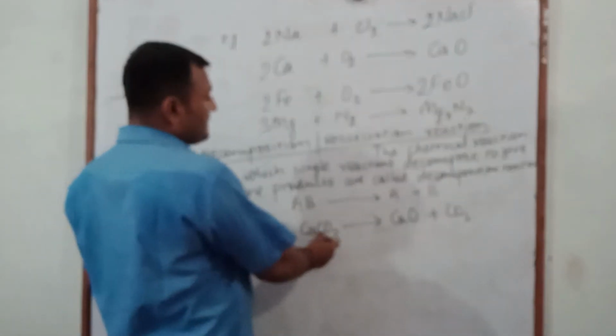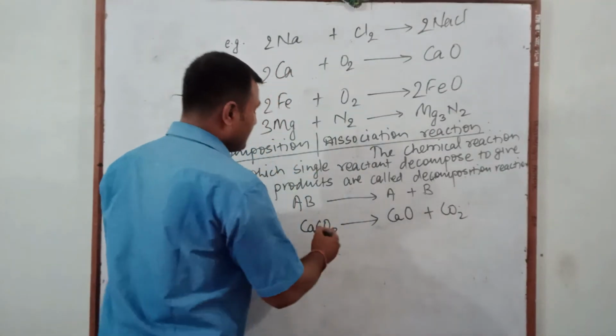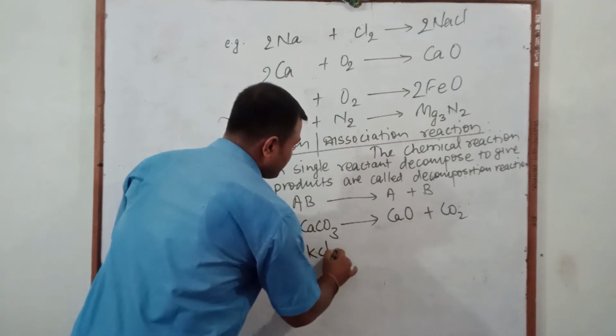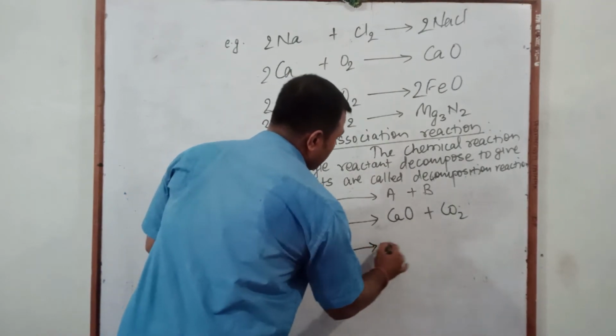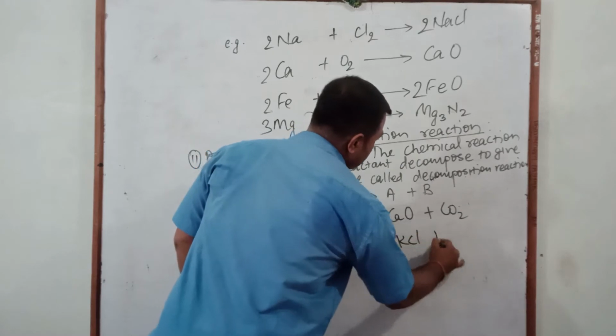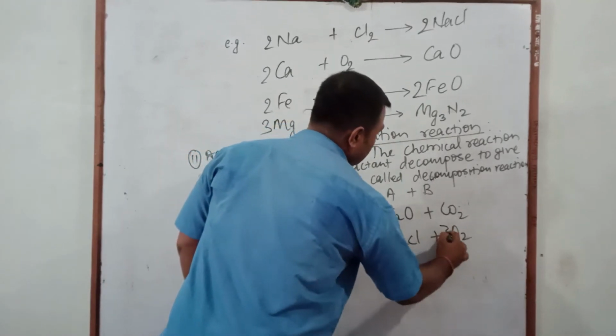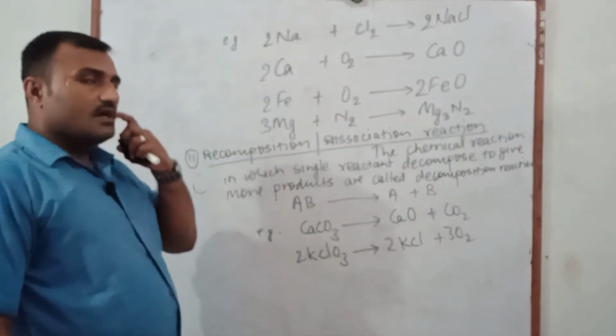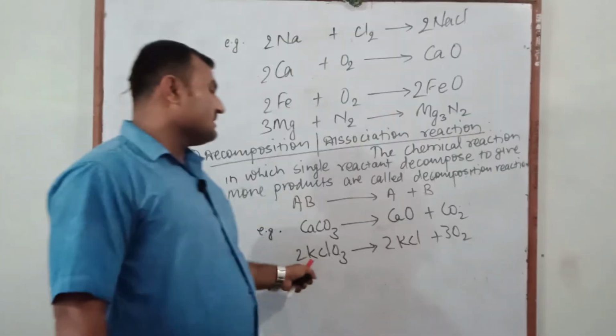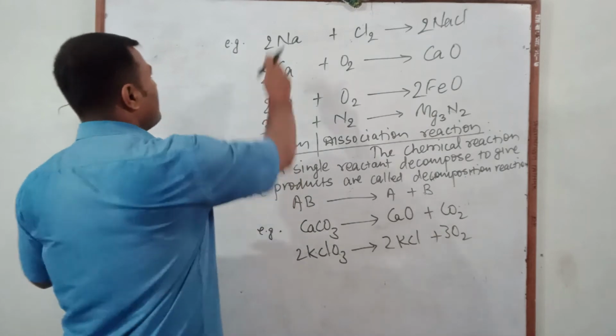Here a single reactant and 2 products are there. Similarly, potassium chlorate decomposes, then it gives potassium chloride and oxygen. To balance here we write 2, 3. And in this way it is called decomposition. Why? Because a single reactant and more products are formed.